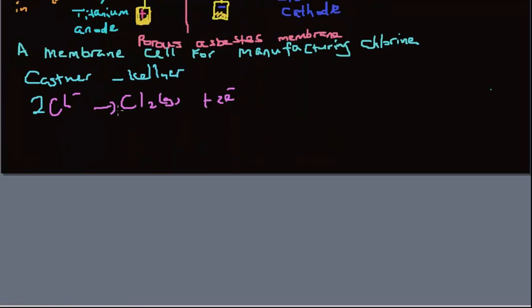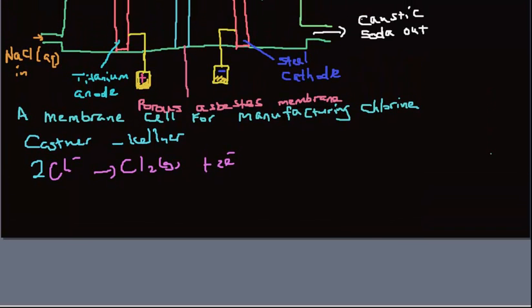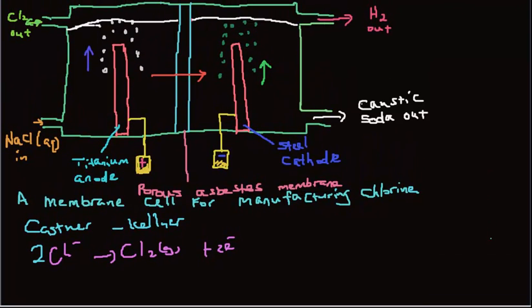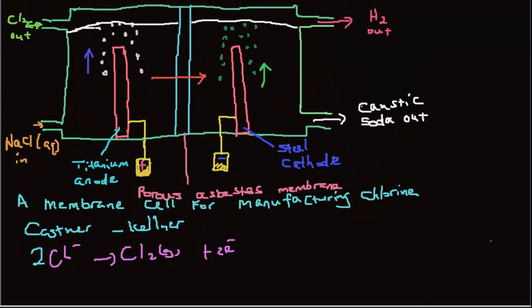Chlorine gas itself is being produced. If we look at our diagram, we see that our chlorine gas is being produced. That's why we are saying here we have chlorine out. So it happens at the anode.